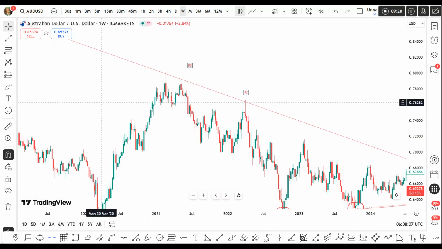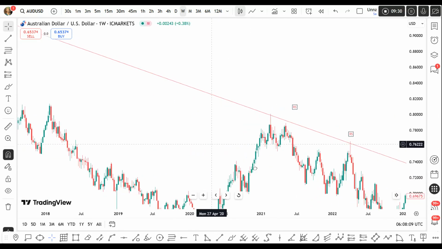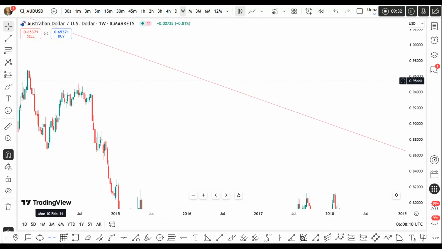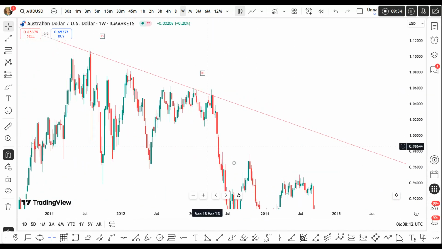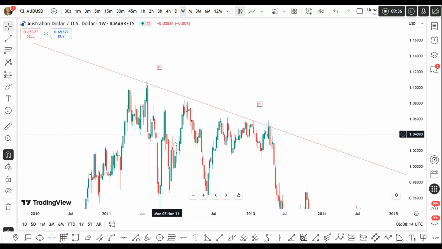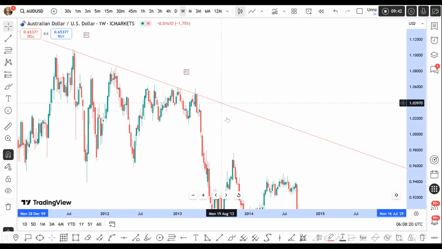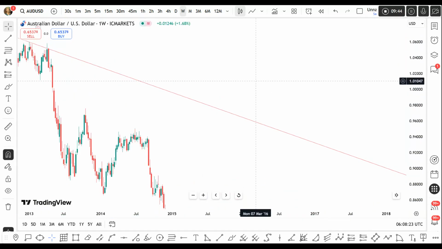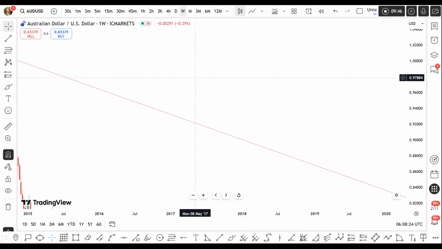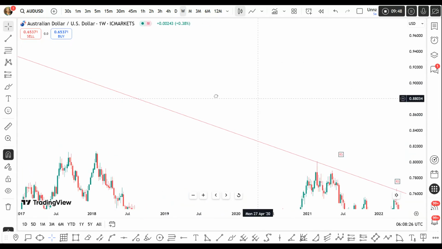Then on the higher time frame, let's also correct our ascending trend line. I want to correct it. Okay, the upper line is correct. And I want to extend that correction to the bottom.